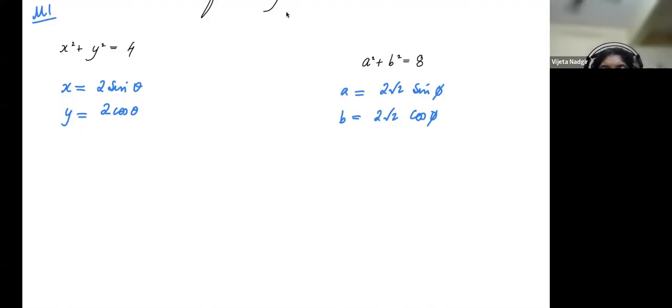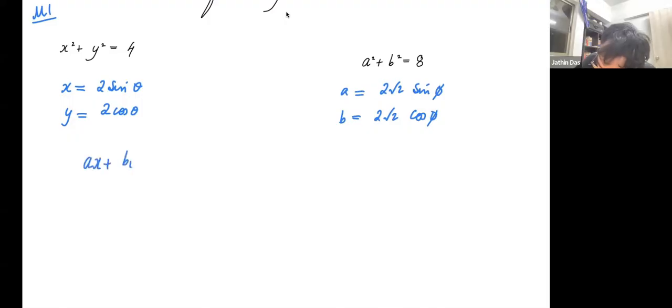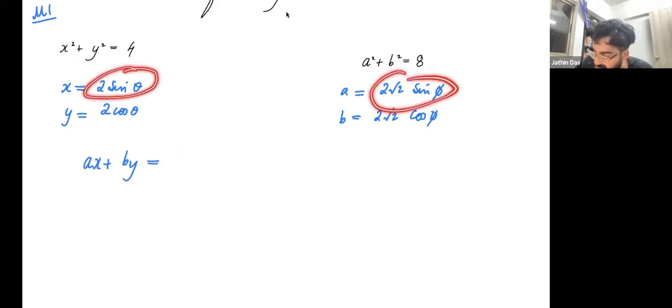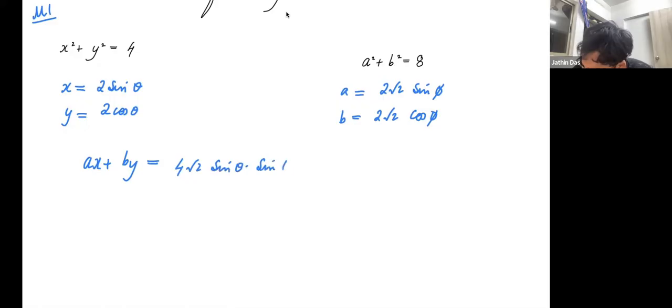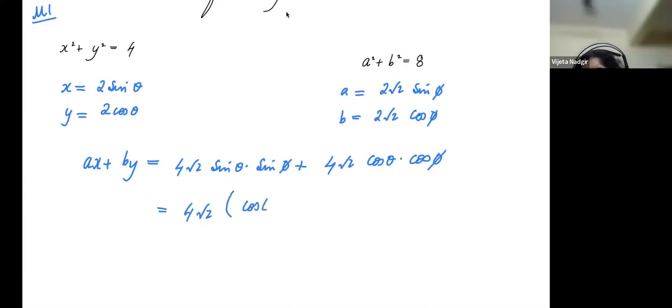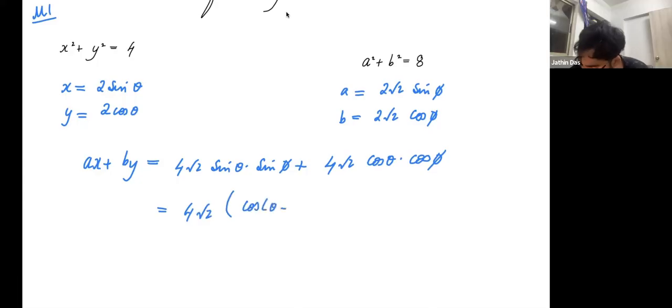Yes. Now ax plus by is 2 root... So basically I have to multiply this into this. That is ax. Okay. So you get 4 root 2 sine theta sine phi, plus again you get 4 root 2 cos theta cos phi. I can take 4 root 2 cos of theta minus phi.